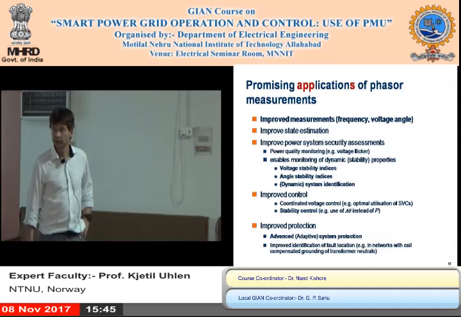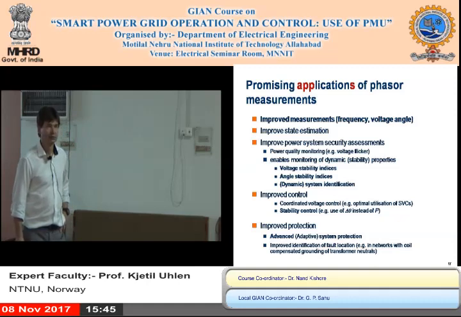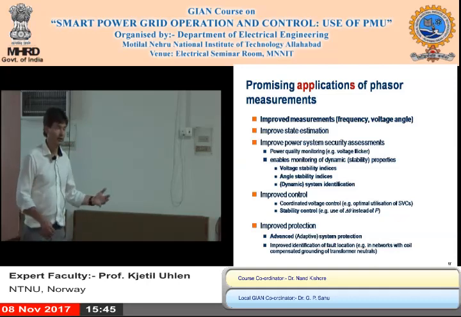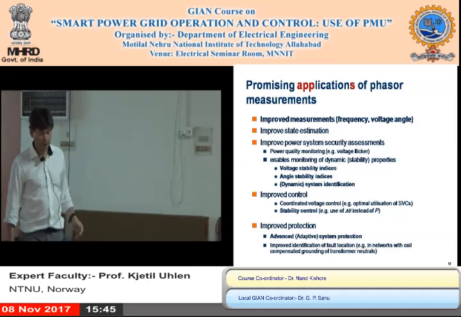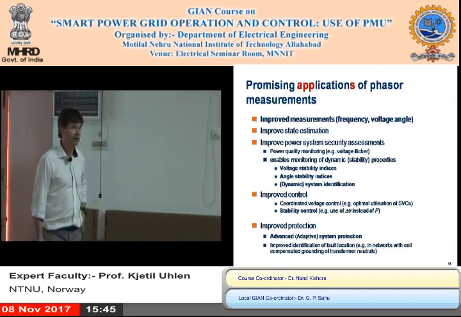When I say system protection, that is various schemes, for example, emergency load shedding. Generator tripping is used in some places in Norway. I'll also show that as an example.